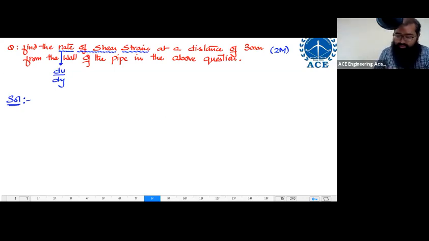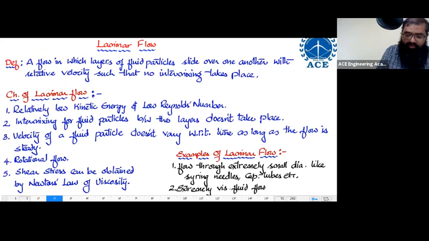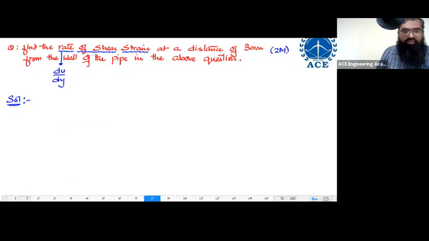Look over here, look at this particular point. Shear stress can be obtained by Newton's law of viscosity. We have discussed this point. Then I can write tau is equal to, Newton's law of viscosity says what?